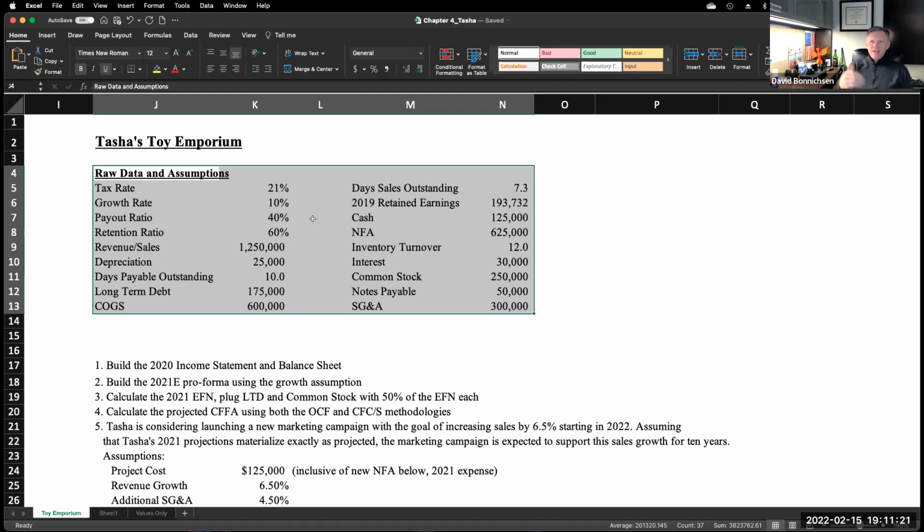Okay, so days sales outstanding, if you look back at the slide deck on ratio analysis, is 365 divided by the receivables turnover. And receivables turnover is equal to sales divided by accounts receivable.